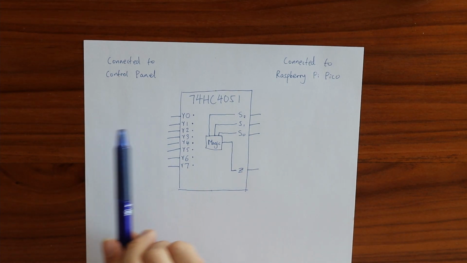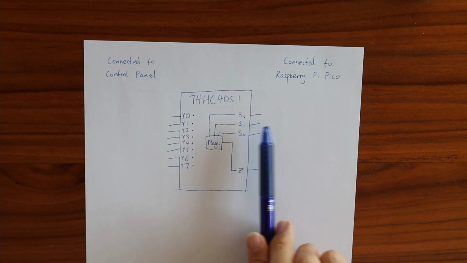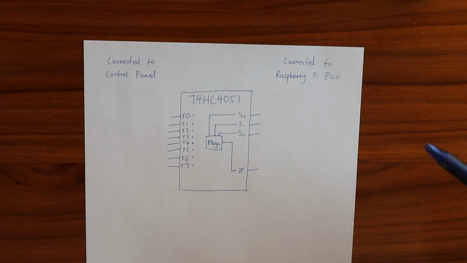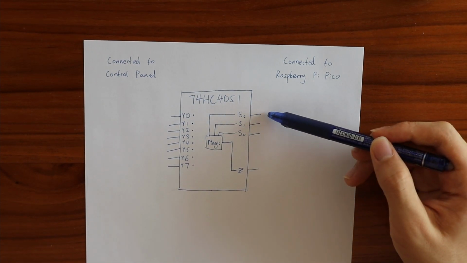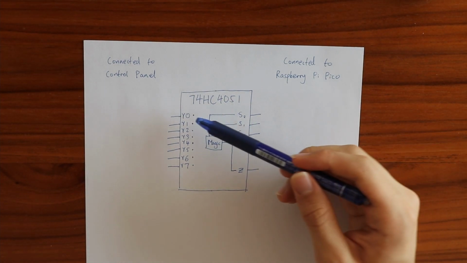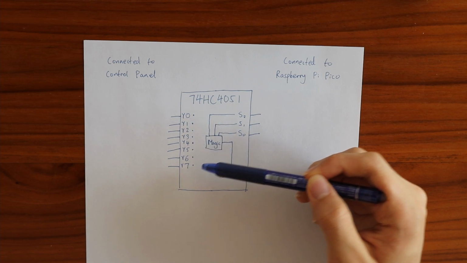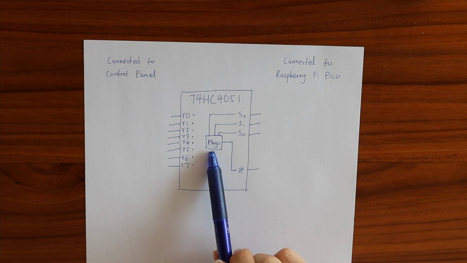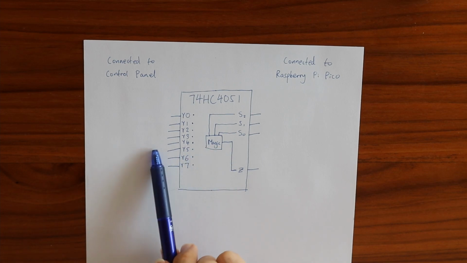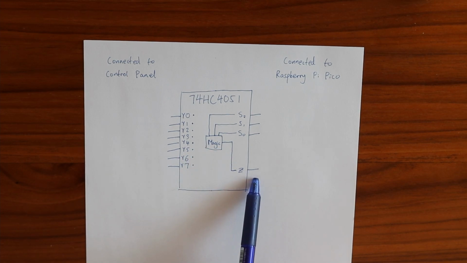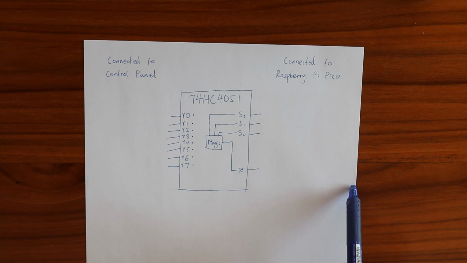So this side is connected to the control panel, and this side is connected to the Raspberry Pi Pico. What the Pico needs to do is set this binary value to the one that it wants to read out of the 8, and then the chip is able to do its magic and output the analog voltage on this pin so that the Raspberry Pi Pico can read it.